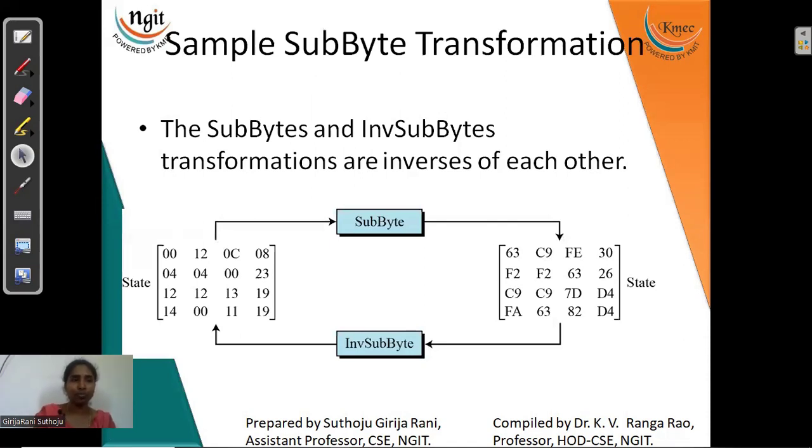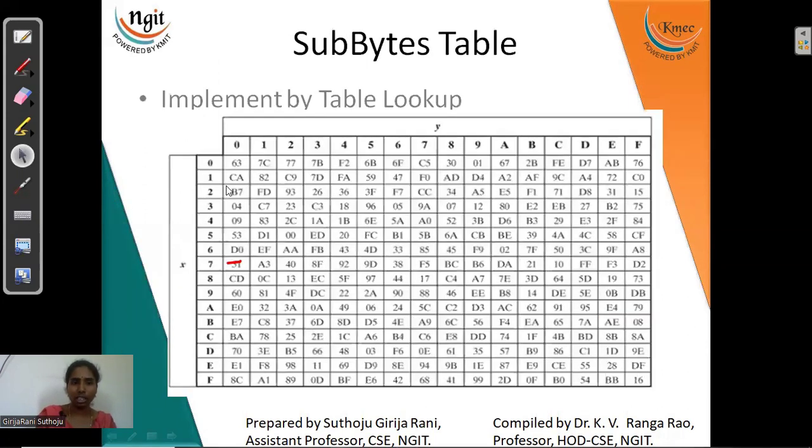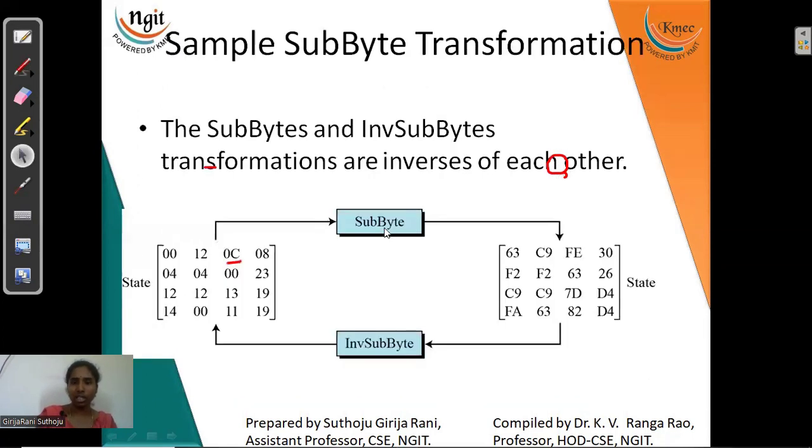See, 0, 0. If you have 0, 0 here, or otherwise we'll take some other thing. 0C. Okay. We have 0C here. Now move to 0C. 0 and C combination. FE is the output, right?